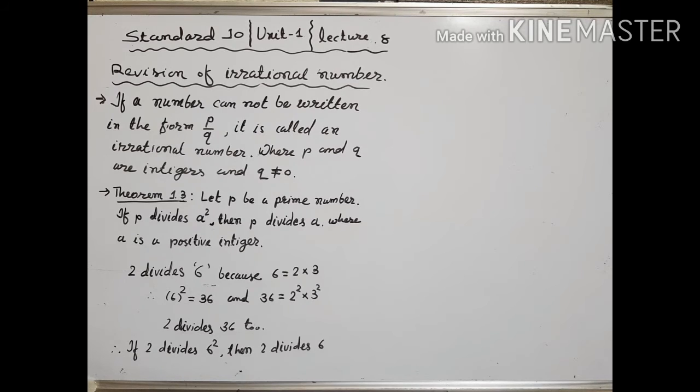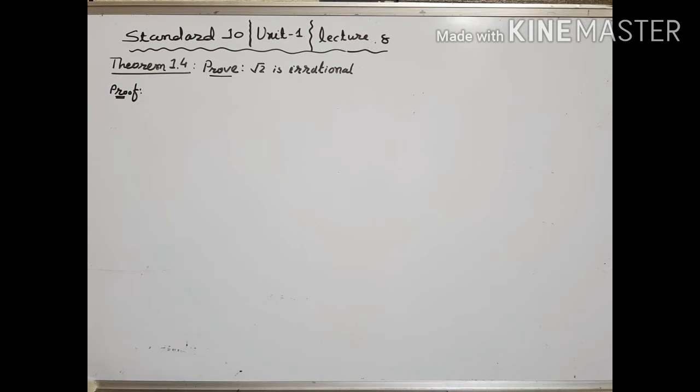To understand that property, let's take theorem 1.4. Theorem 1.4 says: prove that root 2 is irrational. To prove this, first of all, let us assume root 2 is rational.